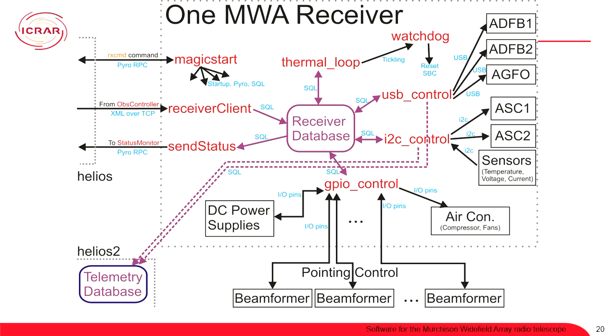We've got code that uses I2C to control gains and read temperatures and stuff. We've got code that uses USB for controlling the FPGAs. And we pipe some telemetry data out to one database server, and we control it via a couple of pipes from the outside. So 16 of these instances running out in the desert.